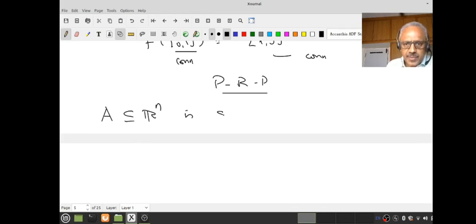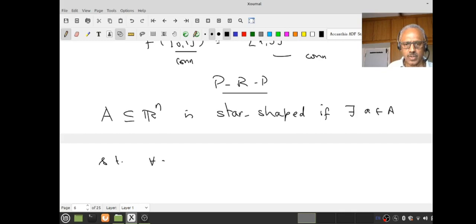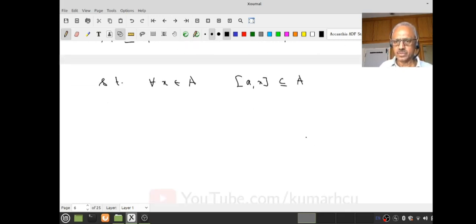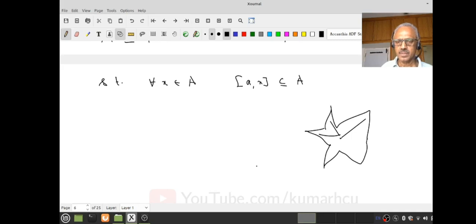It is star shaped if there exists an a in A such that for all x in A, the line segment joining a to x is contained in A. The natural reason for the name star shaped is this; I may not draw a picture very nicely, don't hold me to that. Take any point you want, you can take the line segment.